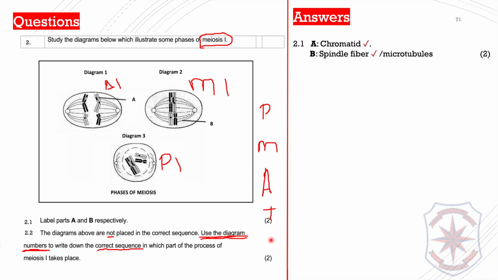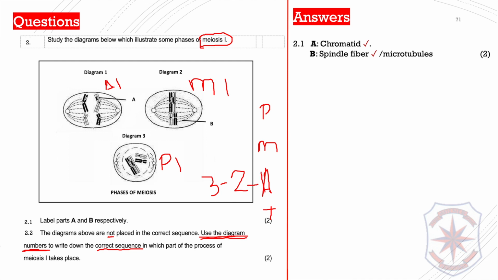What comes first is diagram 3, because it is the first phase of meiosis, prophase 1. And then metaphase 1 is next, so we are going to have diagram 2. And according to this sequence, anaphase 1 is next, and then we are going to have diagram 1.